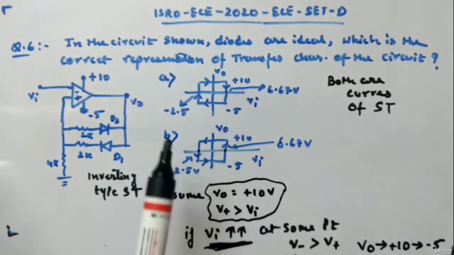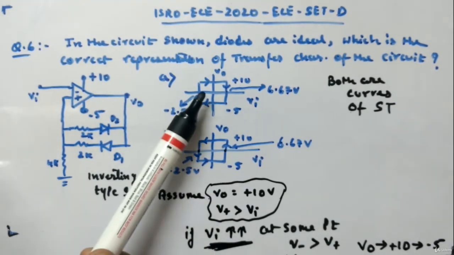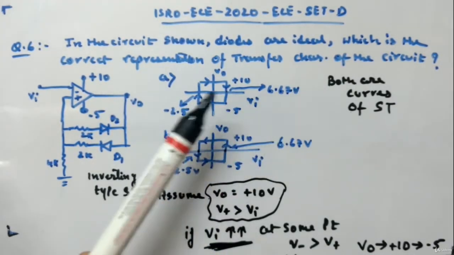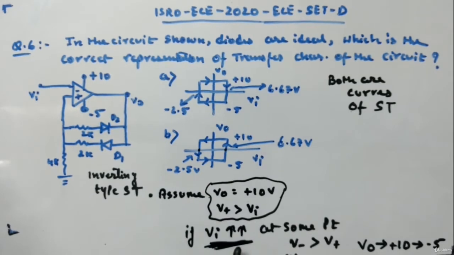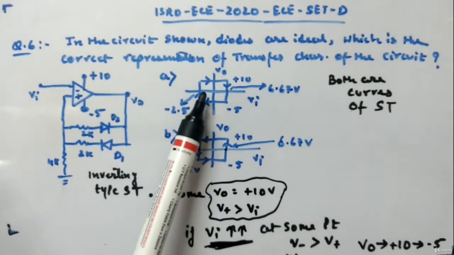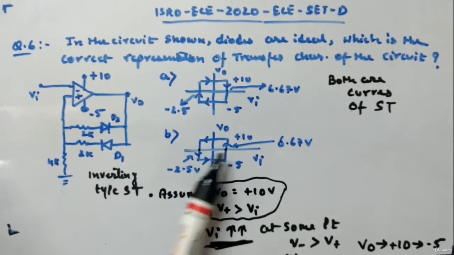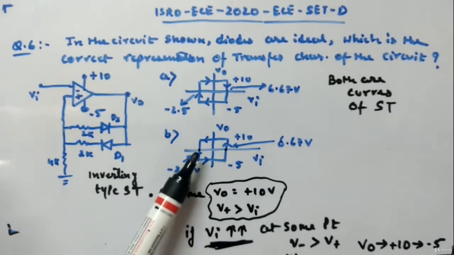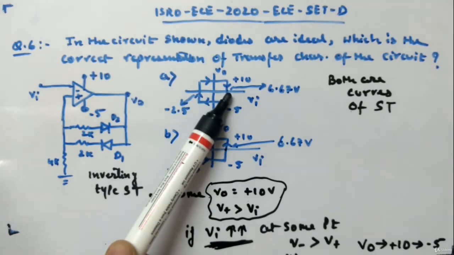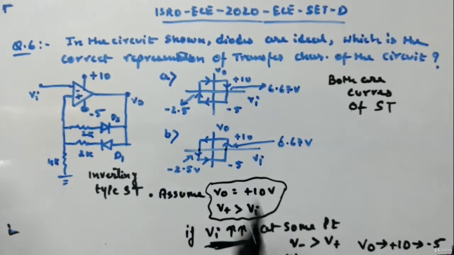As you increase the value of Vi, you are going in the positive direction. So what should happen? It should go from plus 10 to minus 5, because V minus will be greater than V plus at some point, which is here. So when I reach here in Vi, it should convert from plus 10 to minus 5.